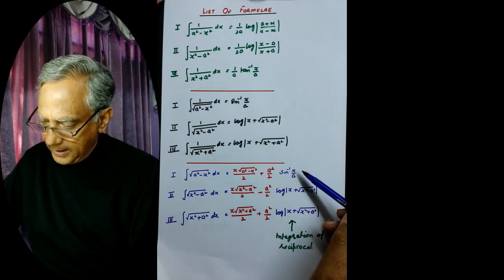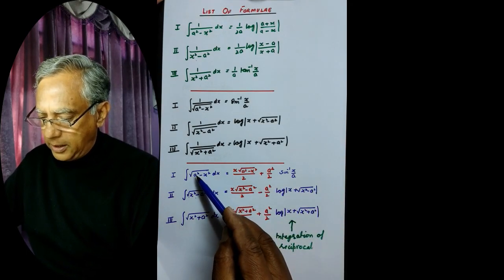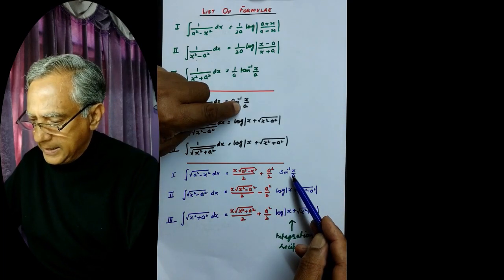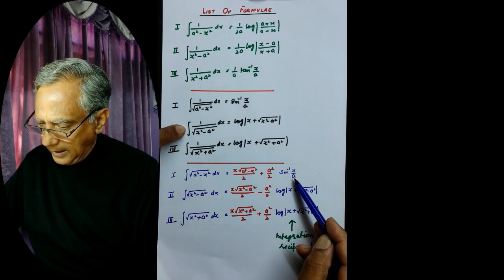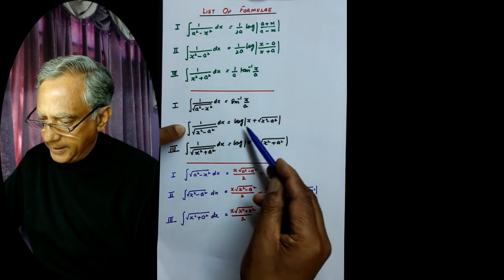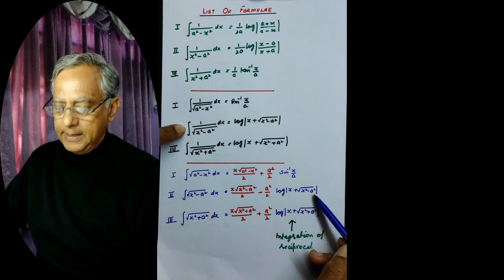And this will be the integral of the reciprocal. Integral of reciprocal of this is sine inverse x by a. So we will have sine inverse x by a here. And here the integral of the reciprocal is log x plus under root x square minus a square.